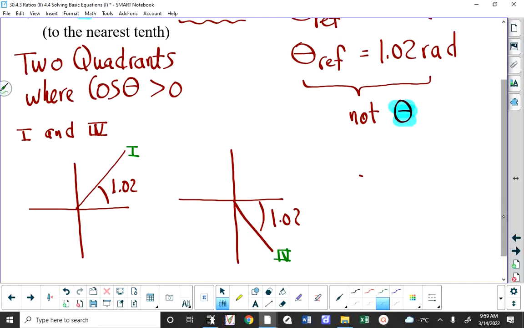It's been a long time for some of you since you've taken Math 20, but I want you to notice that those reference angles do not have arrows on the arcs. It's just an angle. Theta is a rotation angle to that point from 0. This is theta. This is theta.